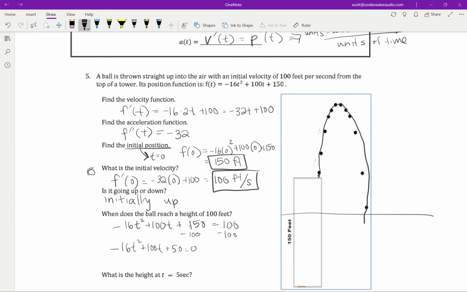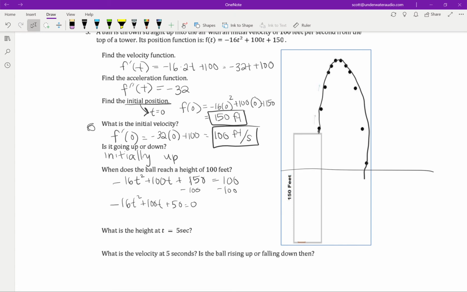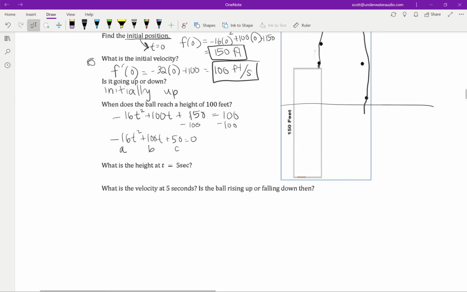That equals 0. Now I am going to put this into the quadratic. I have an A, a B, and a C. So I'm going to do the quadratic equation over here.